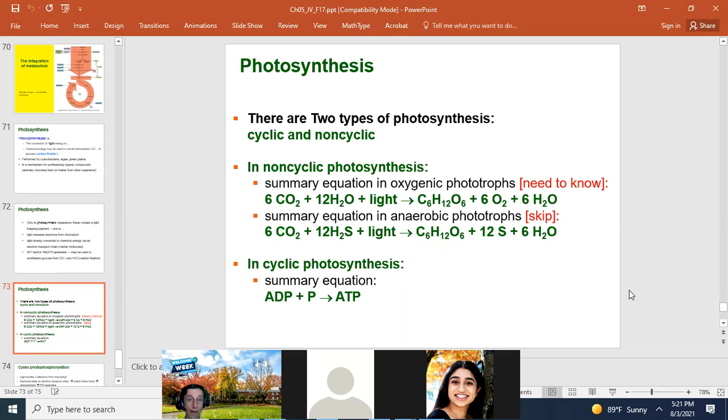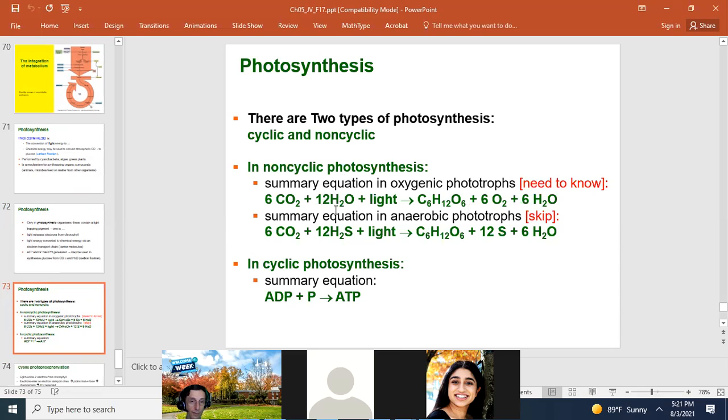Most of you have been taught non-cyclic photosynthesis, where the summary equation is 6 CO2 plus 12 water molecules plus light generates 1 glucose molecule, C6H12O6, 6 oxygen molecules, and 6 water molecules. Sometimes the author will remove the 6 water here.